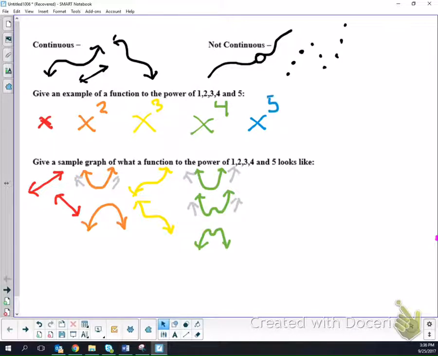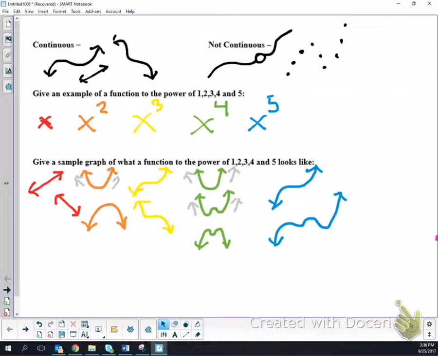So now let's look at x to the power of 5. X to the power of 5 could look a lot like just our x to the power of 3. Now, depending on its complexity and all the things that we're adding, like 3x to the power of 4 minus 2x to the power of 2 minus 3x, different things like that, it may have some up and down inside of there.